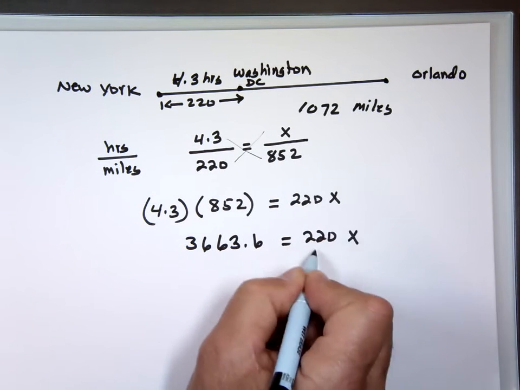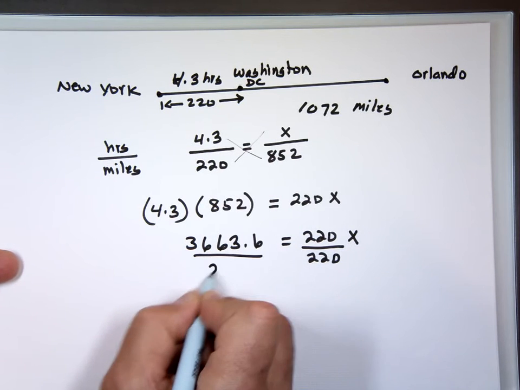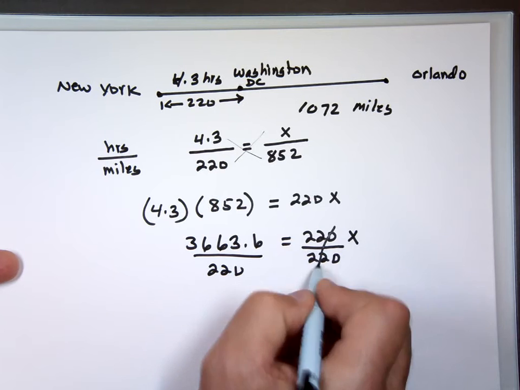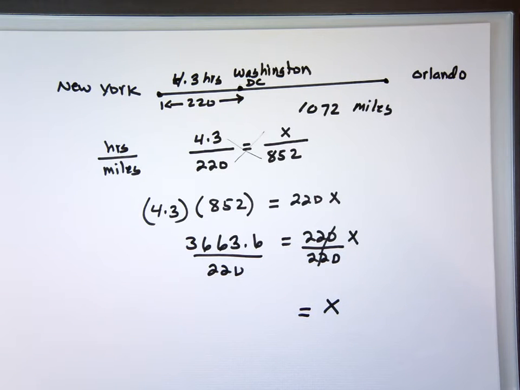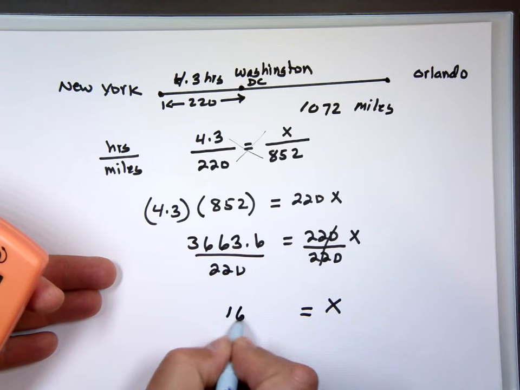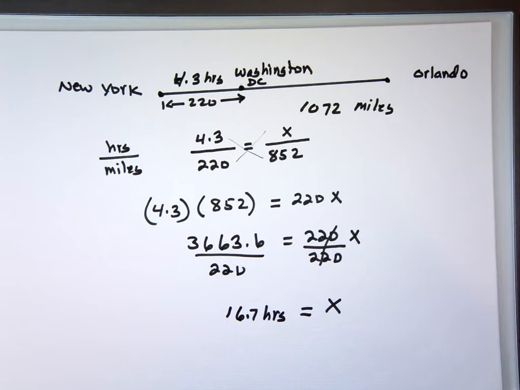To solve for x, you divide by 220. Divided by 220 is going to take you 16.7 more hours, almost 17 hours the next day to finish that trip.